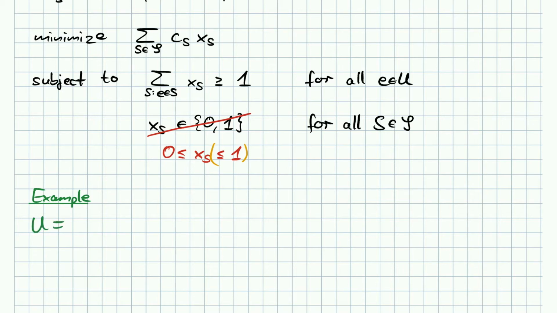We might, for example, have the following universe of elements: 1, 2, and 3, and then we'll have the sets that cover 1, 2, and 3 as 1 and 2, 1 and 3, and 2 and 3.